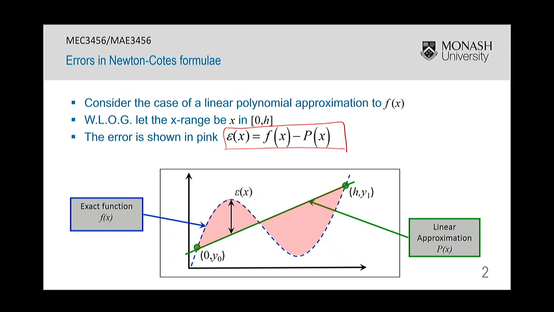It's a function of x. It changes over the range from 0 to h. And it's equal to f of x, the exact solution, minus p of x, our polynomial approximation. And that varies as we go from 0 to h. And quite clearly at the endpoints, epsilon of x is equal to 0. So epsilon of x is equal to 0 at x equals 0, and at x equals h.